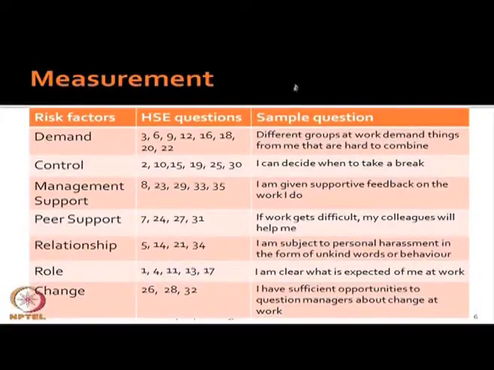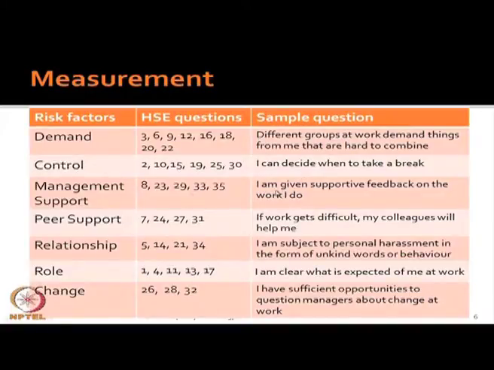Now, what are the sample questions? For example, question number 3, which different groups of employees are being asked: different groups at work demand things from me that are hard to combine. This is one of the questions related to demand imposed on the employee. Control: I can decide when to take a break, that means he has control.